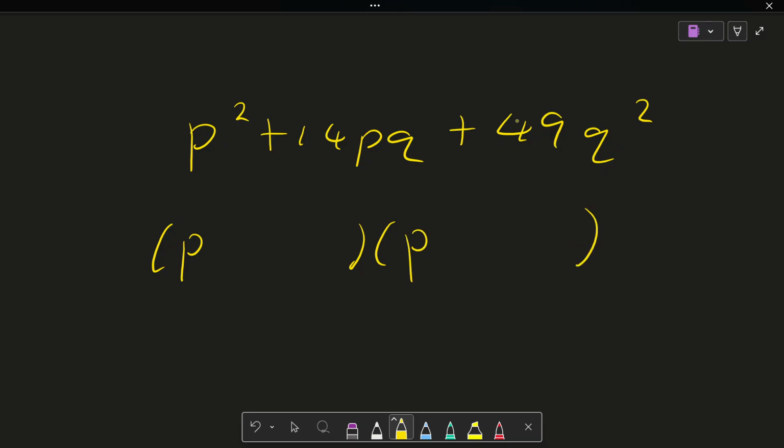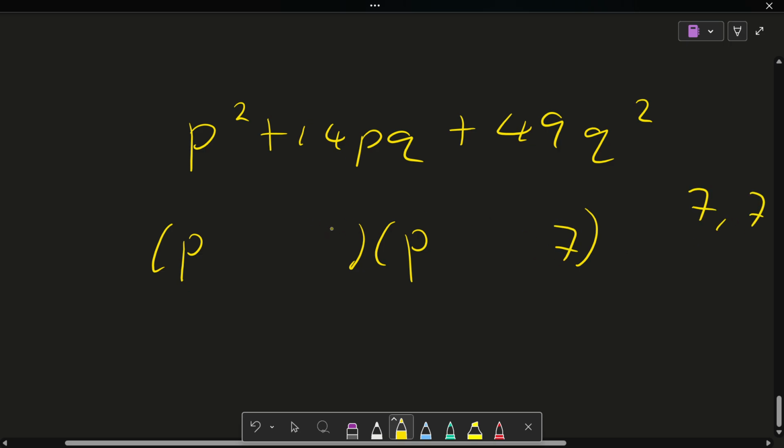The only way we can get 14 is to have 7 plus 7. So here you should get plus 7 and plus 7.